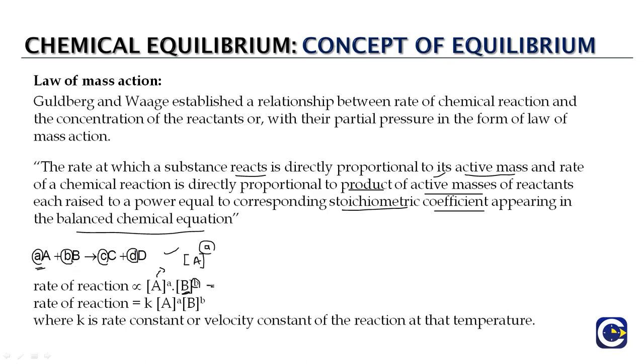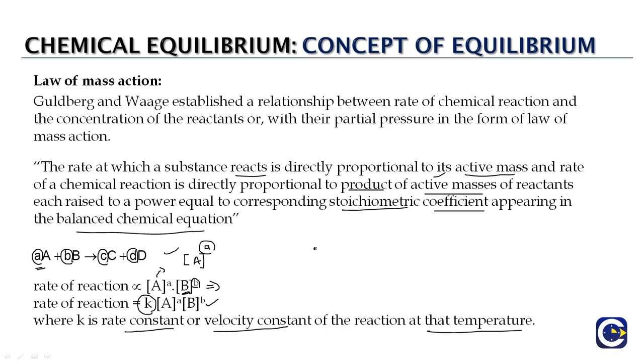Now we can convert this proportional relation into an equation by introducing a constant. For the constant k which we are keeping here, please keep in mind that we are using small k, and this will be called the rate constant or velocity constant of the reaction at a given temperature. This will depend upon the temperature.